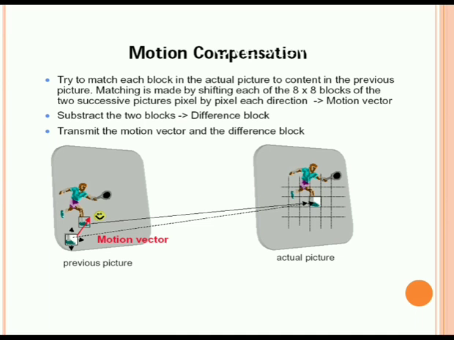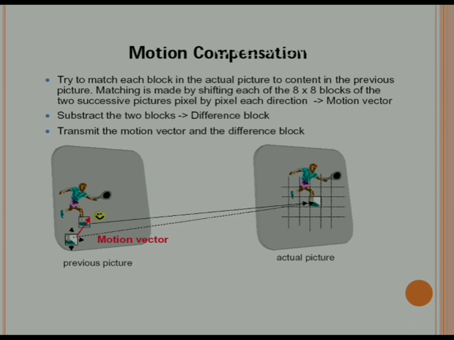Here we match the original picture, the previous picture, and the next picture pixel to pixel. It is divided into blocks, each pixel is compared from the first picture to the second picture, and we subtract the two blocks so that a difference is formed. This is how the motion compensation technique works.